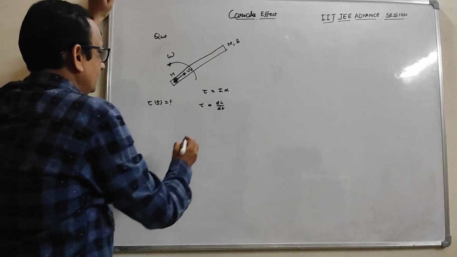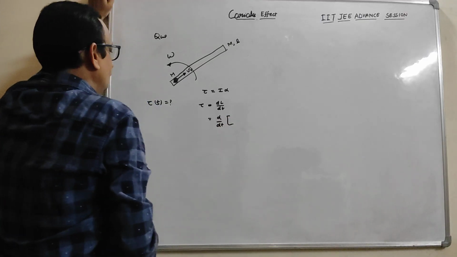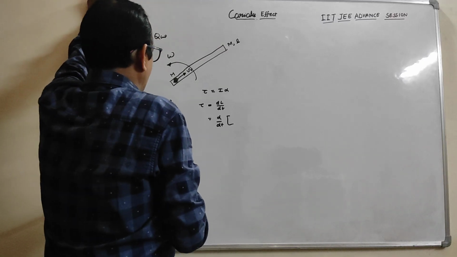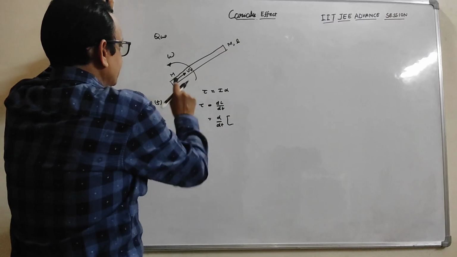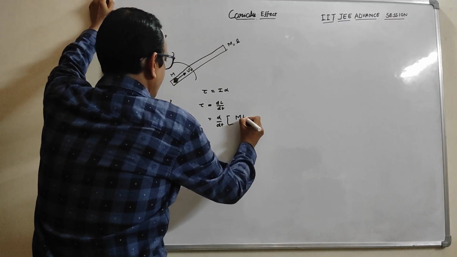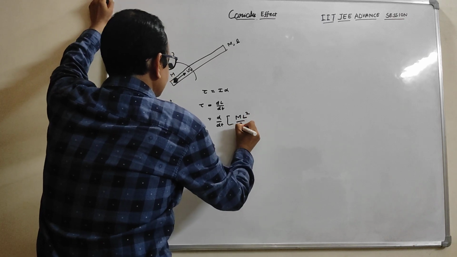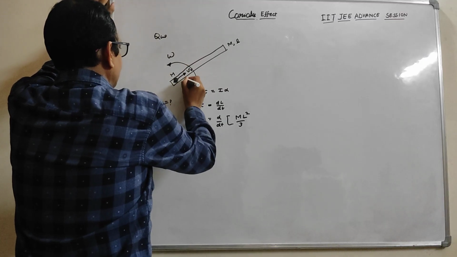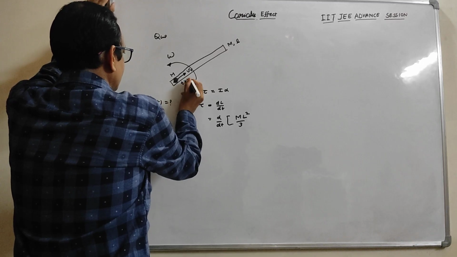This is the torque. So the angular momentum would be I into omega, so I for the insect and I for the rod. The moment of inertia of the rod about this axis would be ml square by 3, and we suppose after time t the distance covered would be t into vr.